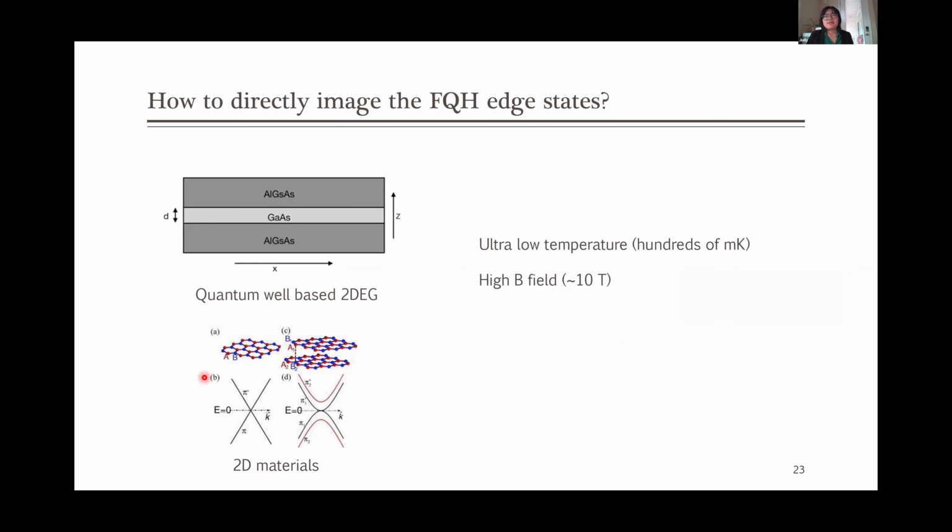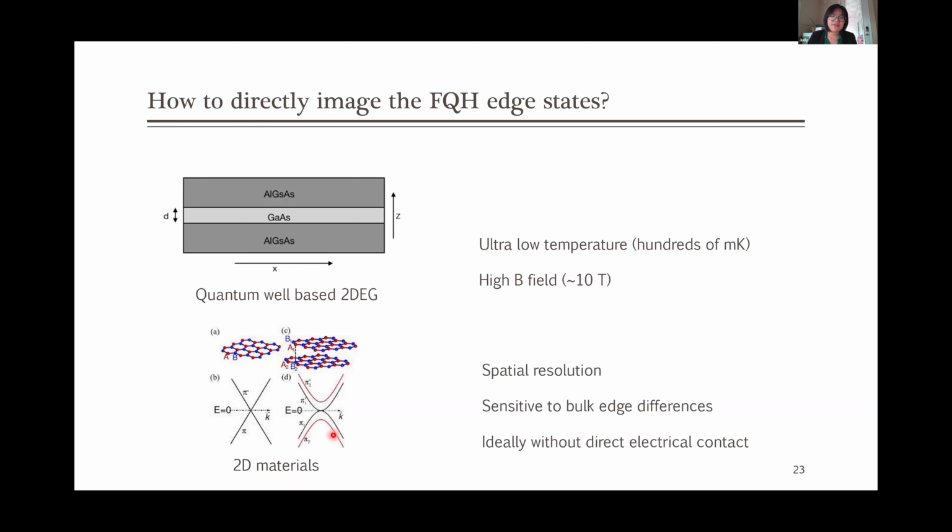For example, those fractional states only appear at very low temperatures because the electron interaction has to be strong enough and the disorder has to be weak enough. And it has to happen at high magnetic fields for the normal cases of quantum well-based two-dimensional electron gas, or 2D materials.